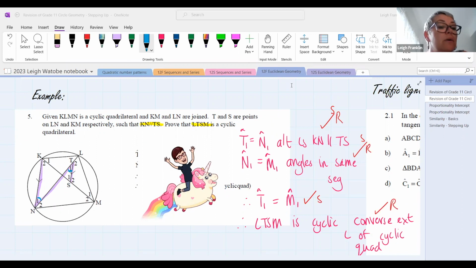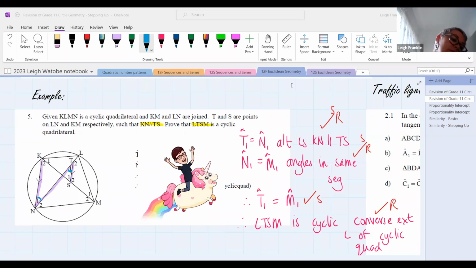T1. No, T2. No, no. K1, if you're talking about angles in the same segment, then K1 equals N2. That would be angles in the same segment. Okay, ma'am, thank you.